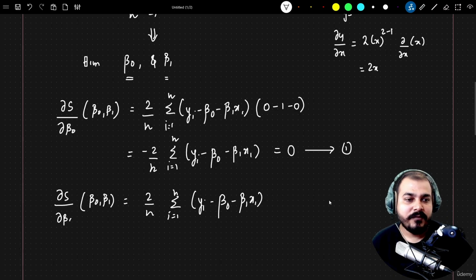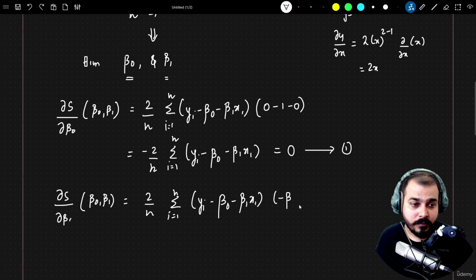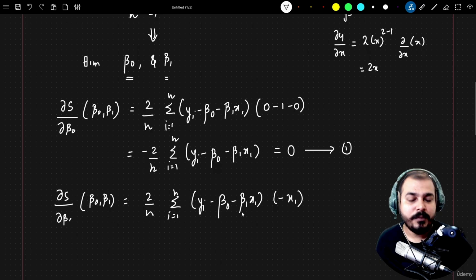Now I have to find the derivative of this entire thing. This will become a constant, this will become a constant, and finally I will get minus x1. Why x1? Because in the derivative of this value with respect to beta 1, beta 1 will become 1 and x1 will remain. So now I will assign this to 0.